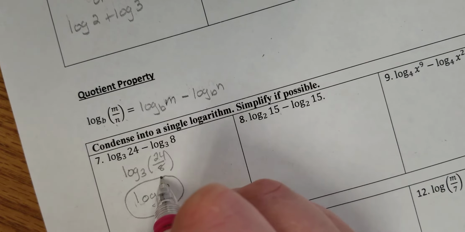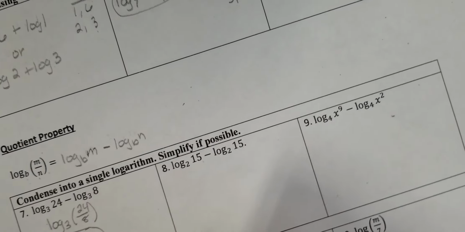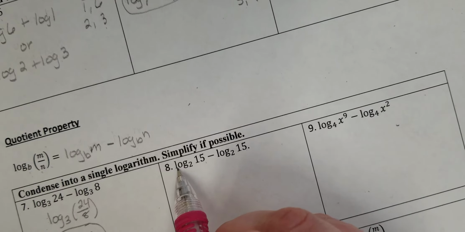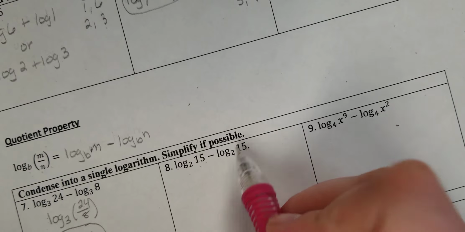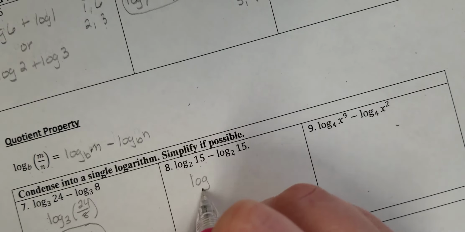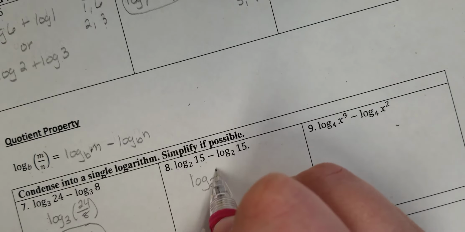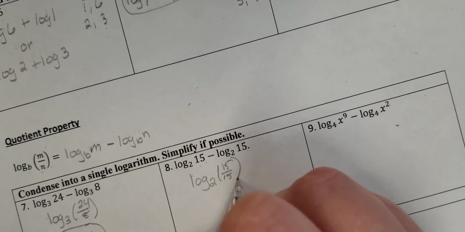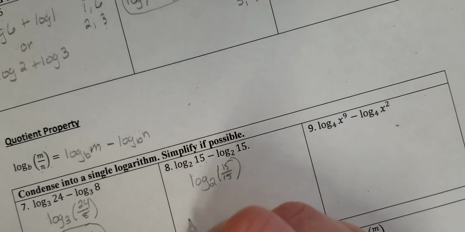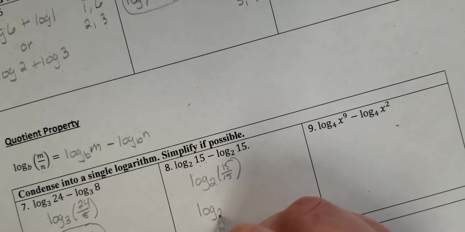There we go. So for number 8, we have log base 2 of 15 minus log base 2 of 15. So we have log base 2 of 15 over 15, which simplifies to 1. So we have log base 2 of 1.